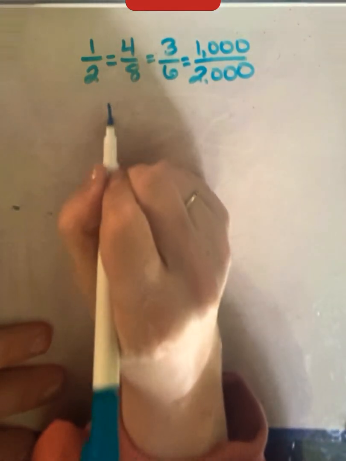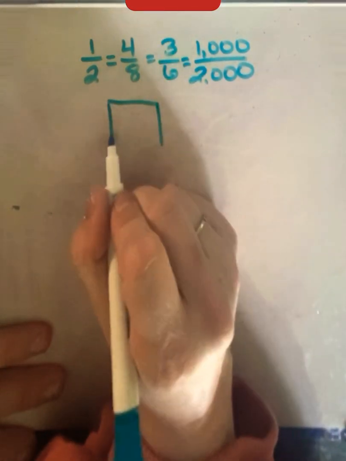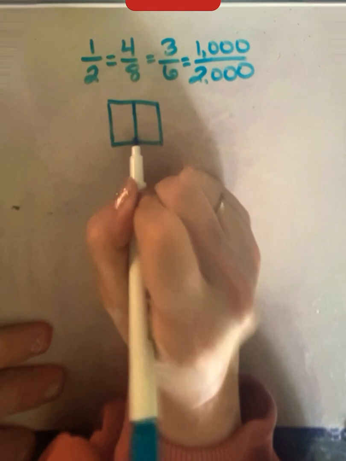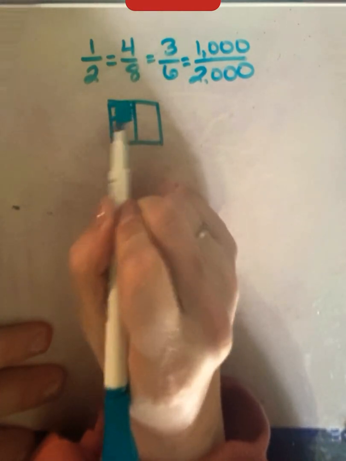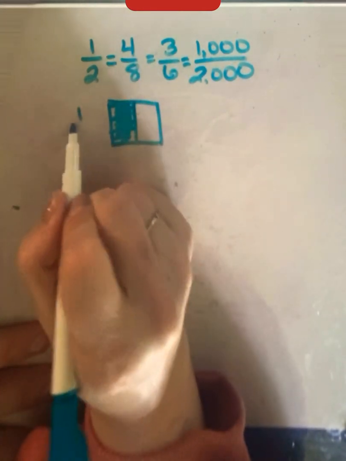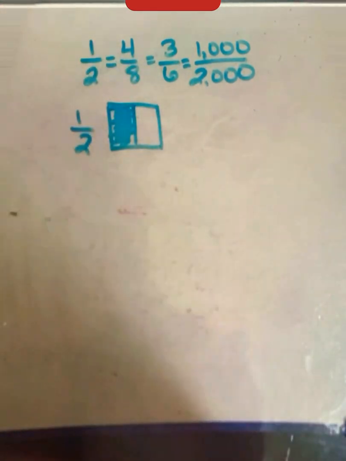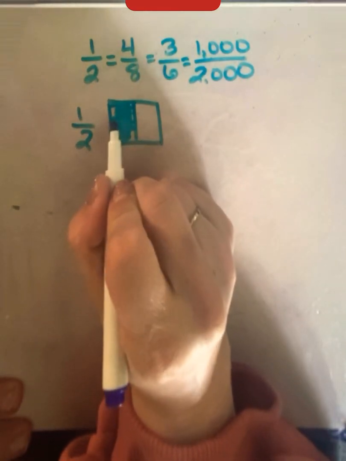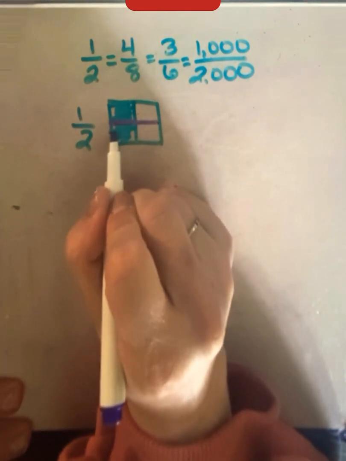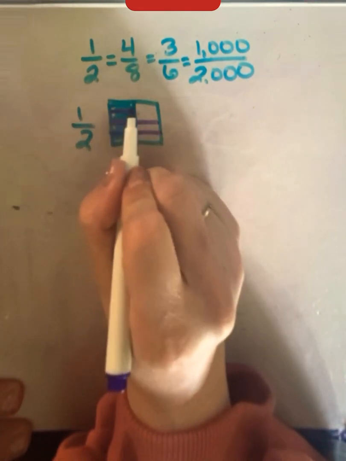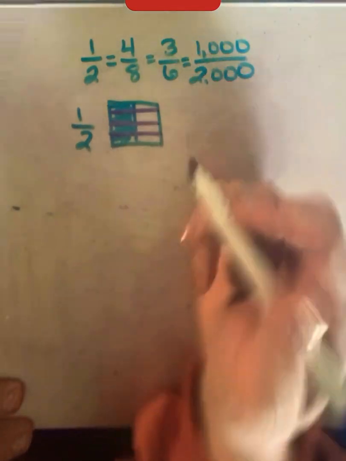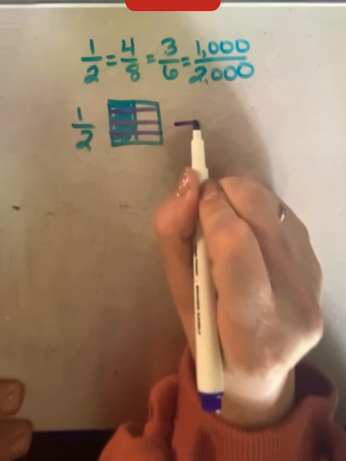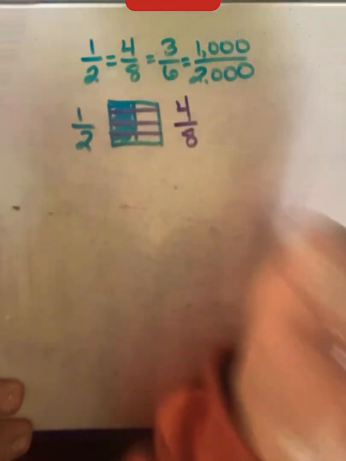Okay, so we can draw models to help us better visualize this. So if I draw a half, you can agree right here, I have 1 out of 2 parts shaded in. Now I'm going to mess around with that. Let's make that half, and without shading in anything more, we're not changing the whole, we're not changing what's shaded in, all of a sudden I have 8 parts with 4 shaded in.